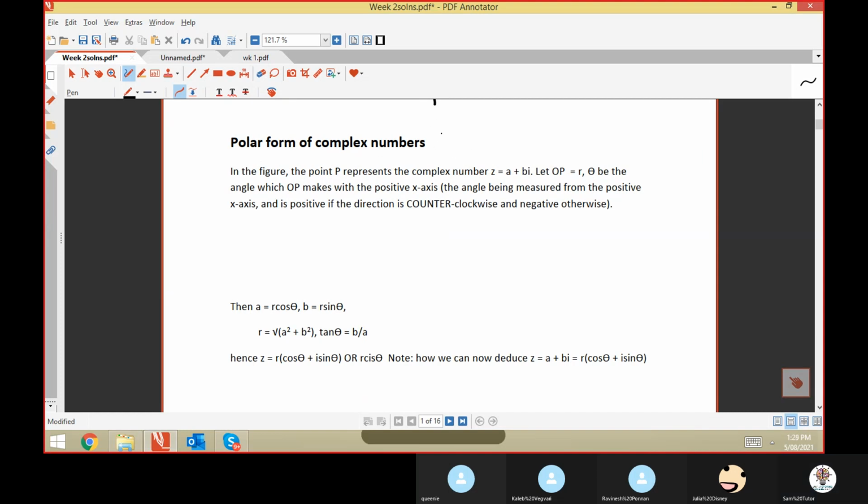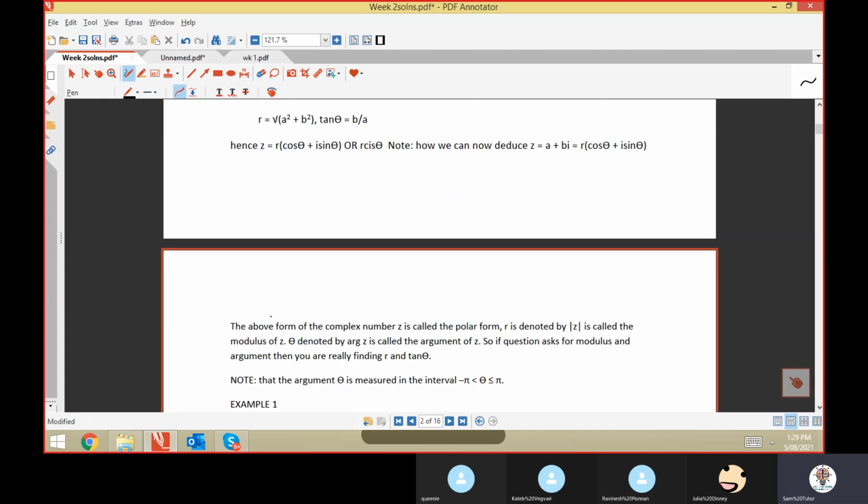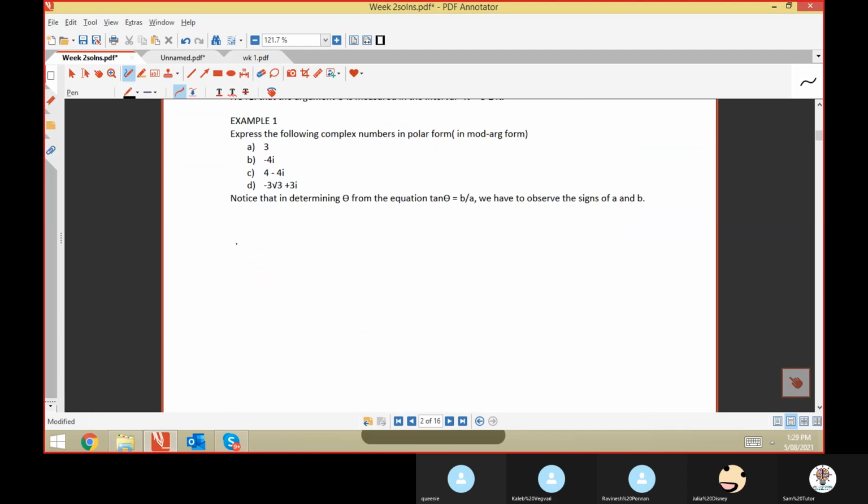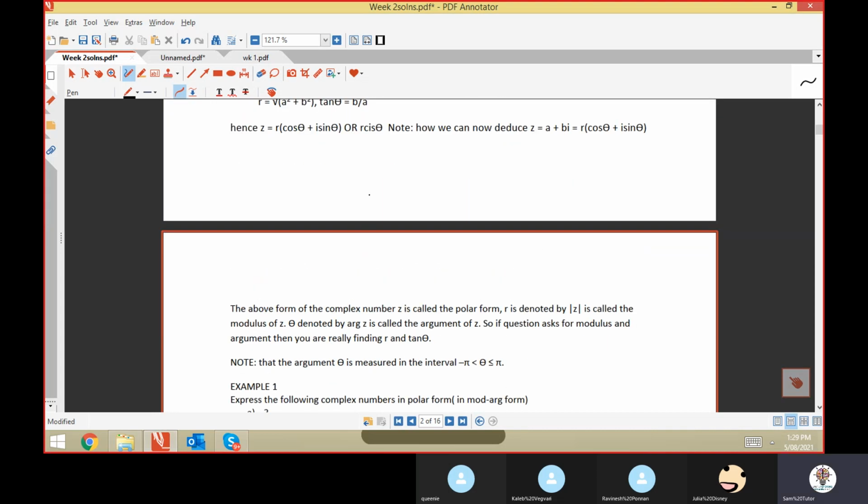Polar form, mod arg form, and then we'll also add here, now in exponential. Okay, I'll leave that so I don't forget to do that.